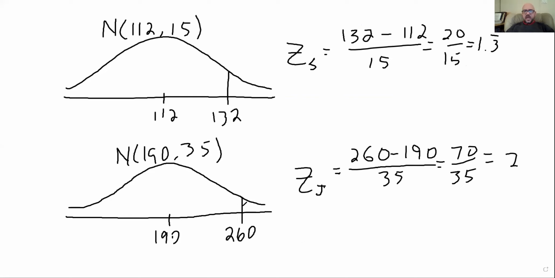If we had, say, a 155-pound human, right, over here, so 155 is here, then what we would do is 155 minus 190, right, so x minus mu, and we would get a negative number. So negative z-scores are entirely possible. In fact, half of the z-scores are negative because they're the ones that are to the left of the mean. And I think that's the last thing I wanted to say about that.